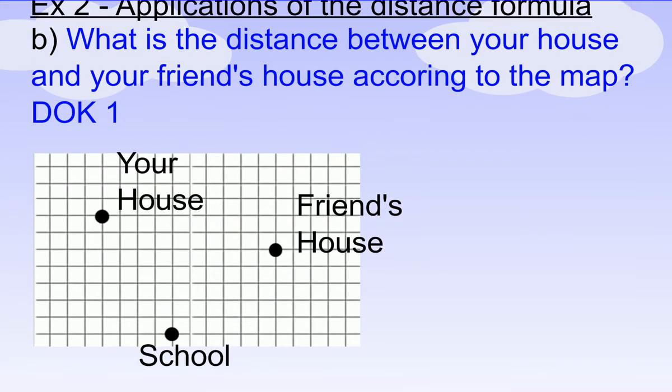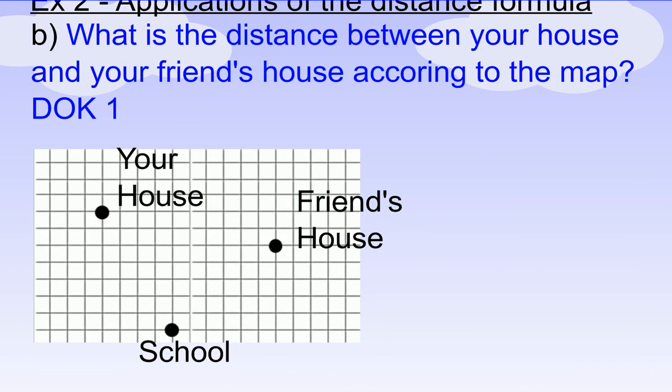Letter B. What is the distance between your house and your friend's house according to the map? So the map I have right there, what is the distance between your house and your friend's house? Go ahead, pause the video, and try it on your own right now. Okay, so I personally would use Pythagorean Theorem here because I have a picture, I can count boxes.